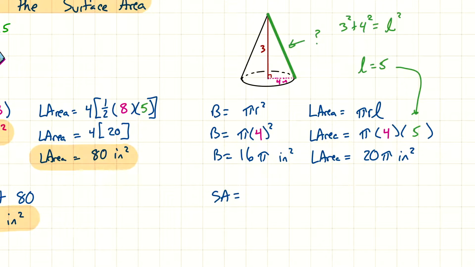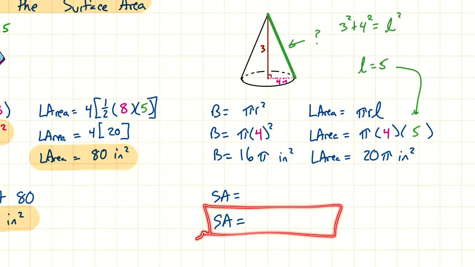All right, so now I'm going to ask you, hopefully you could do this easily, what is the surface area? So I'm going to set it up. I'm going to have a final answer down here, but I want you to tell me what the final answer is. And leave your answer in terms of pi, no decimal answers, just in terms of pi to make it easier. And don't forget your units.